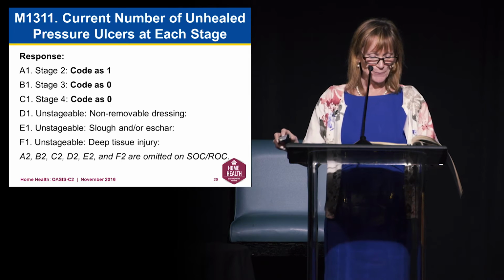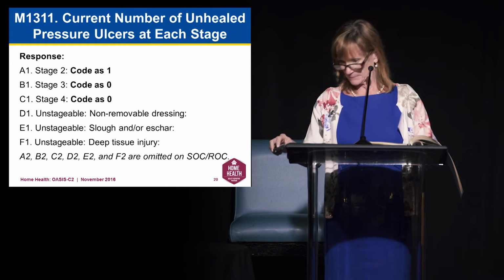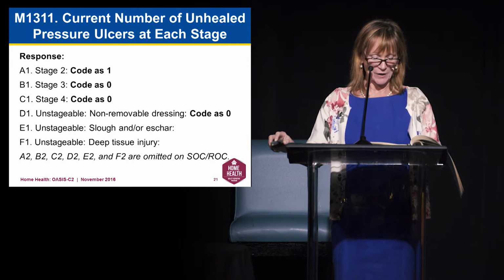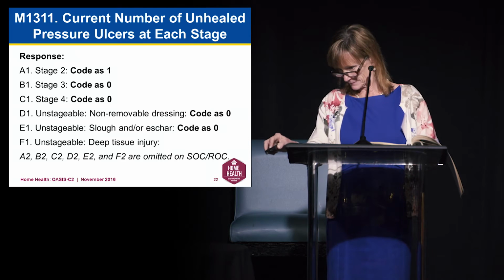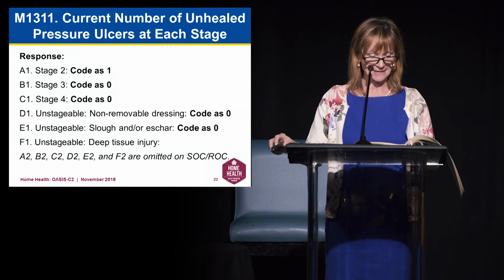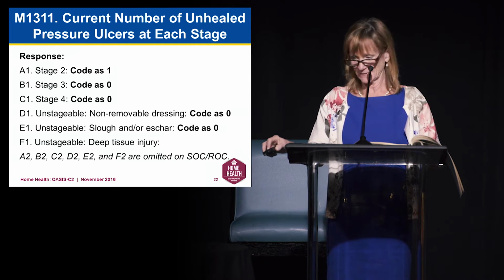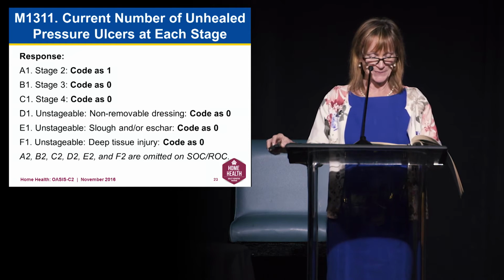And how did your group score D1, the unstageable, non-removable dressing? Correct. And E1, unstageable slough and eschar? Correct. And how about the unstageable due to deep tissue injury? Great. You're all ready to go.